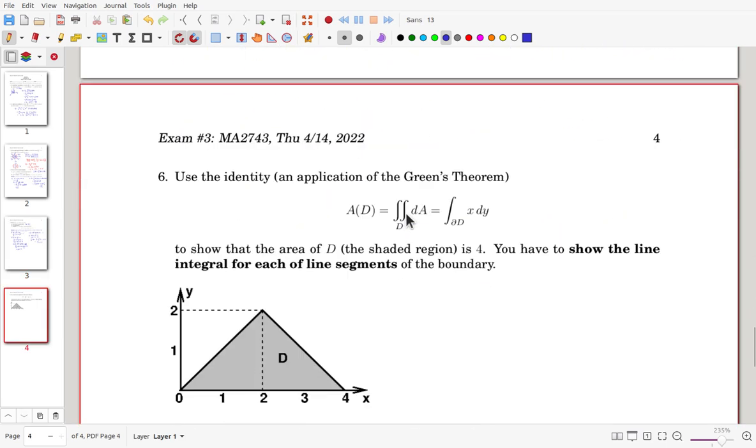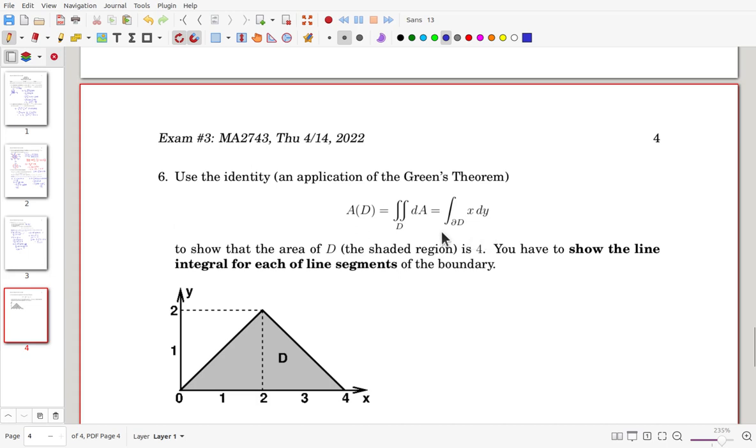Here we have the final problem. Use the identity, an application of Green's theorem: area of region is the same as the double integral over the region of dA. By using Green's theorem, we have this formula along the boundary, x dy.